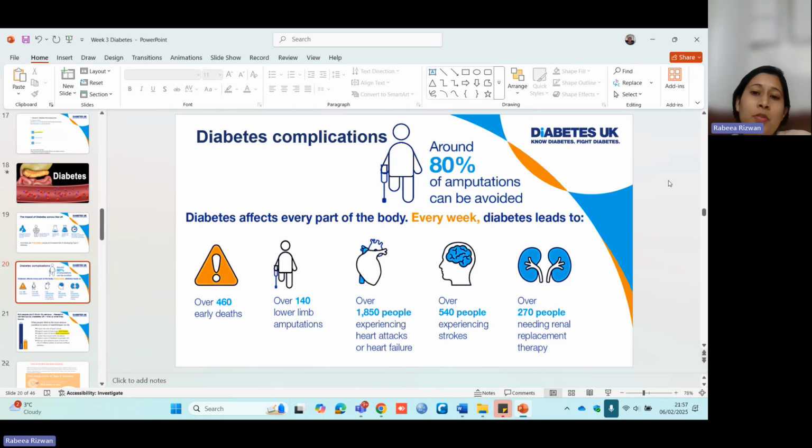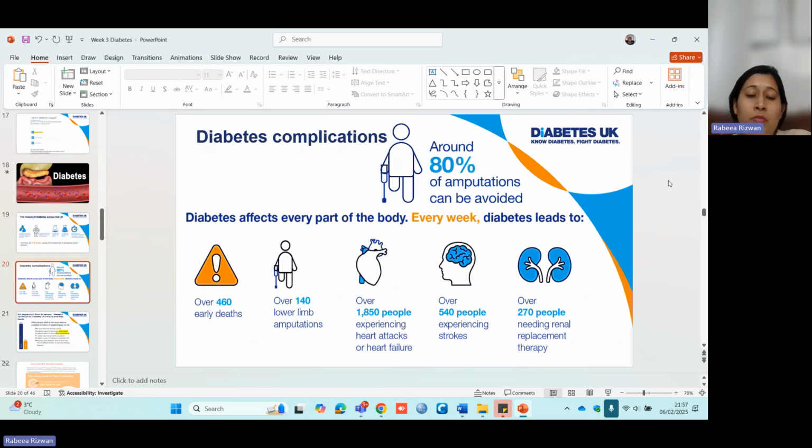Next is about the complications: what complications can happen if diabetes is not controlled. Early deaths: over 460 deaths happen early because of the complications of diabetes.